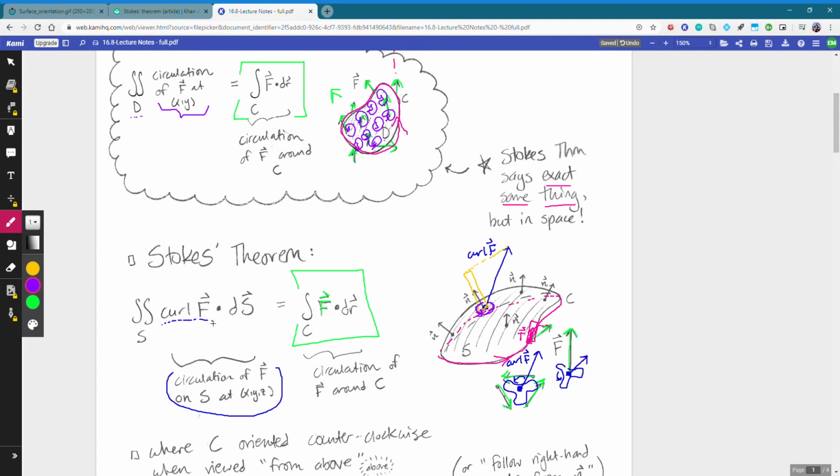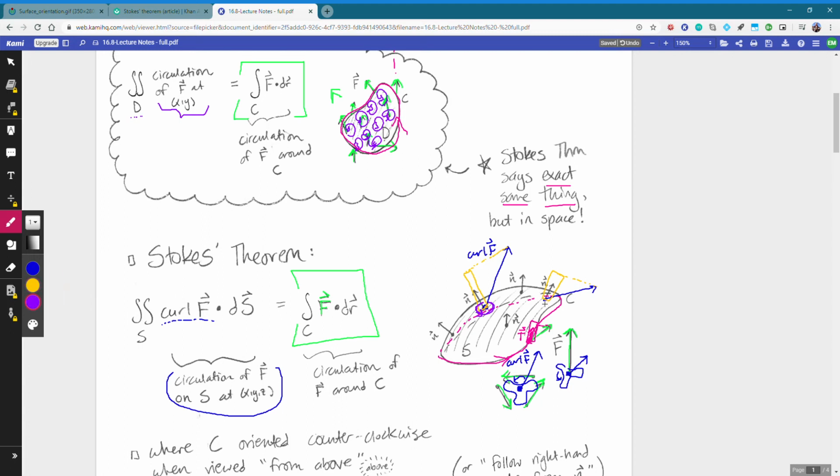A surface integral for a vector field computes the normal components of the vector field. So this surface integral is going through, and at each point on our surface, looking at the curl vector and grabbing the normal component and adding those up.